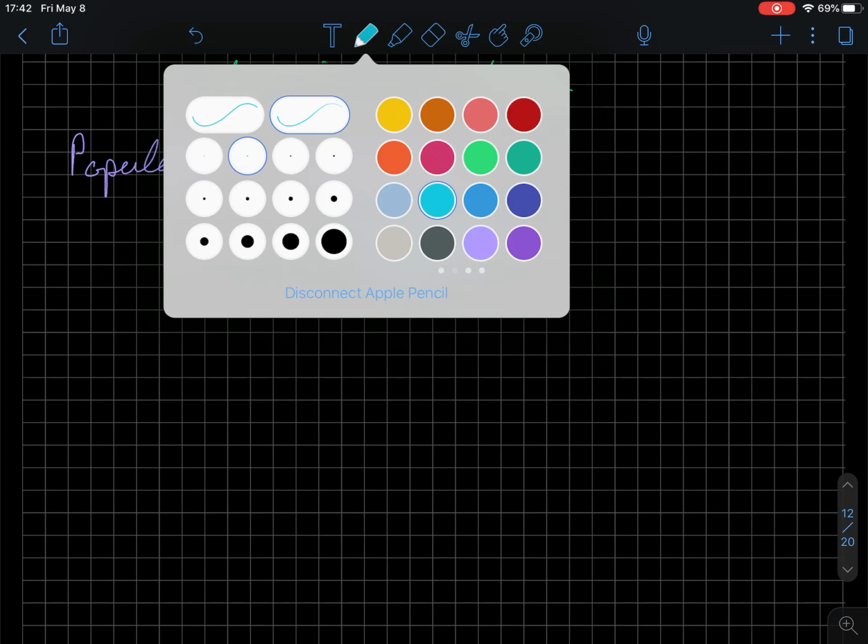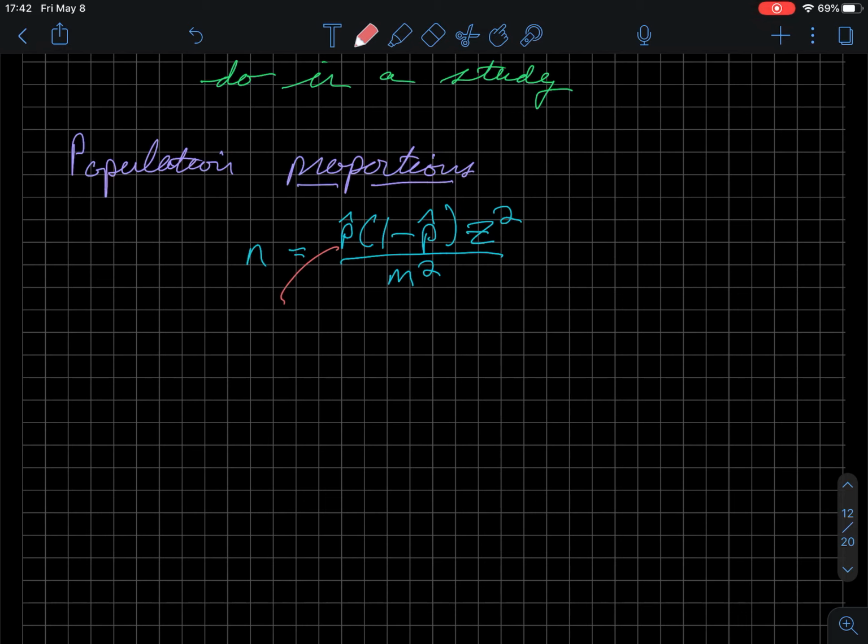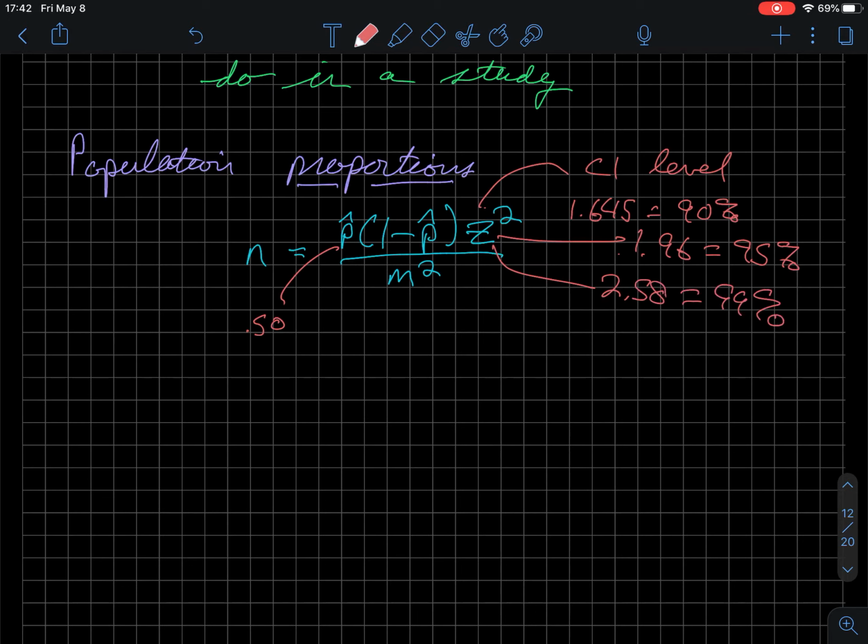So if we did a little example here, in most cases, this is going to be like 0.5 because it gives us the most uncertainty. We can get the largest sample, and we're basically saying it could be either or, right? This is going to be the CI level z-score. So this is going to be things like 1.645 if we're doing 90%, 1.96 if we're using 95%, or 2.58 if we're doing 99%, right?